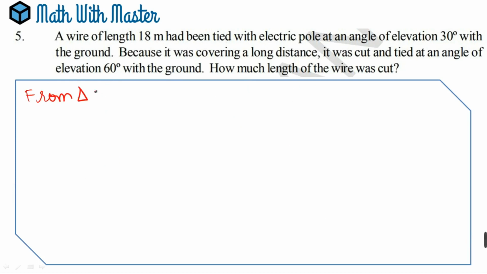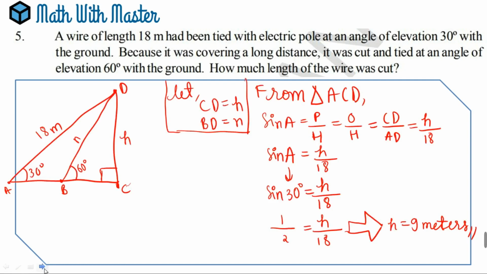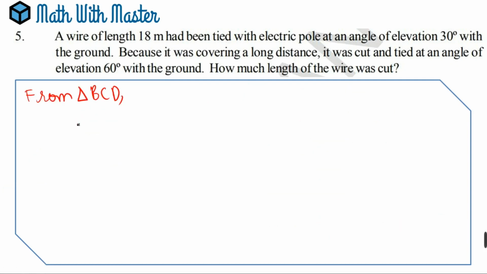So now from triangle BCD, this triangle, now perpendicular and hypotenuse are involving, so we can take sine theta trigonometric ratio. So here sine B is equals to perpendicular upon hypotenuse, which is also equals to opposite upon hypotenuse.